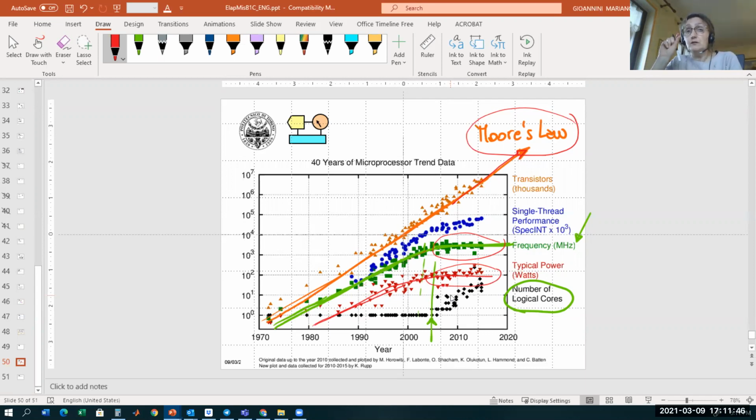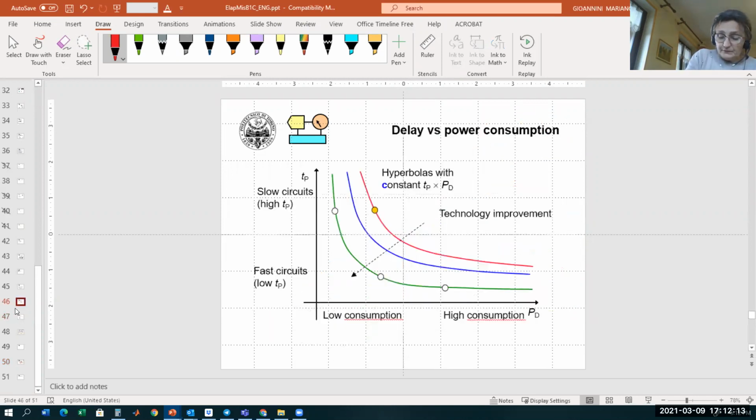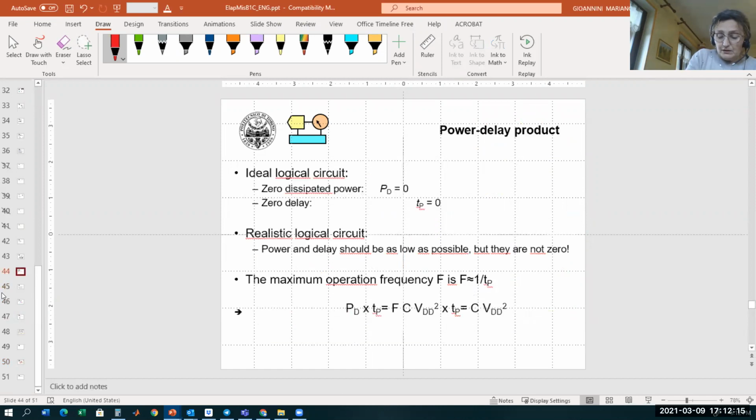When the size of the transistor is too small, you cannot say you are in the classical regime. Quantum effects will become important. What will happen here, we do not know, or at least people are already working on that. And what is nice is that all this trend can be simply understood by this very simple equation.